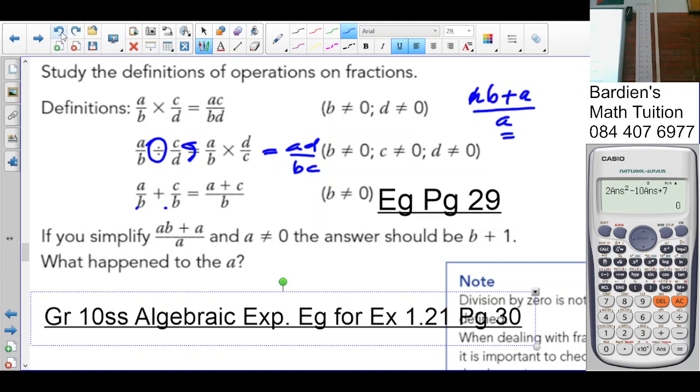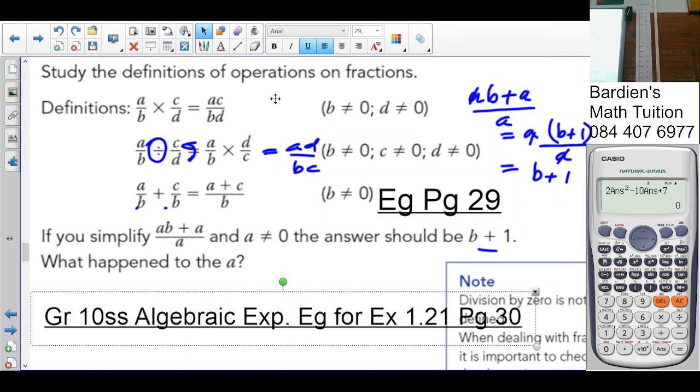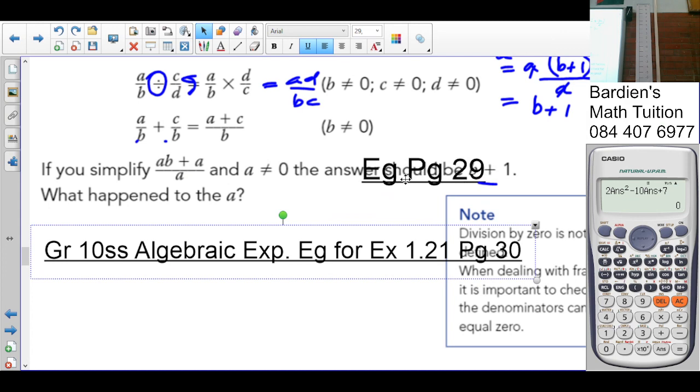So what we need to do here is take out A as a common factor. What are we then left with? B plus 1 over A. Then the A's cancel, and the answer is B plus 1, as they have here. What happened to that A? The A basically cancels out there.